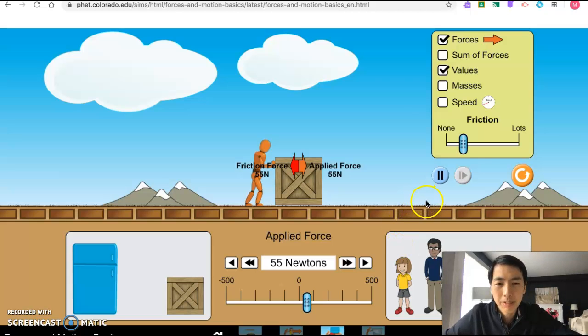I already played around with this before this video, and I think the box will start moving when the applied force gets to 60 newtons. So when this gets up to 60, the box will start moving, and the friction will turn into kinetic friction. But I want you to really pay attention to this number here for the frictional force. Watch what happens to this number when I get to 60 and beyond.